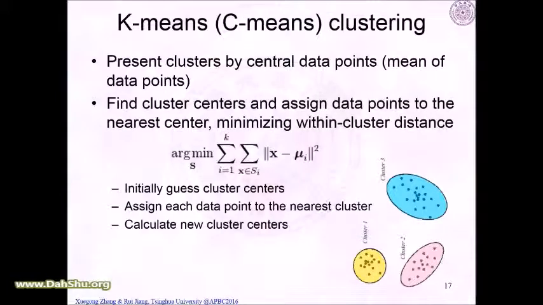And a more famous method may be k-means, or some people call it c-means clustering, which basically is, if we want to look for 3 clusters, we look for 3 means that represent these 3 clusters. And this can be done by minimizing the error of using the means to represent the samples in each cluster.